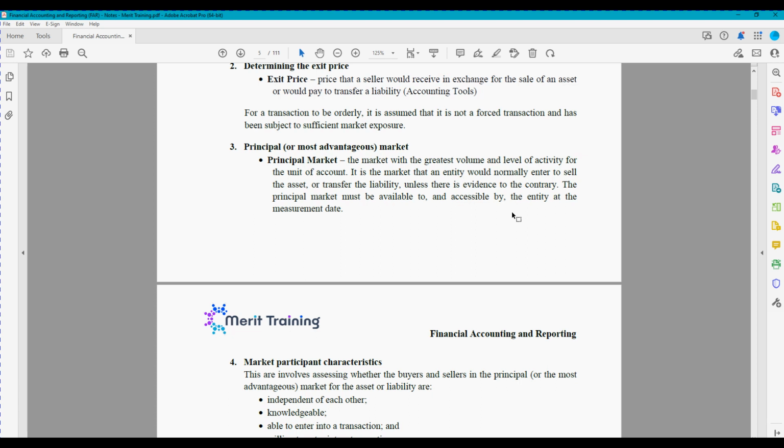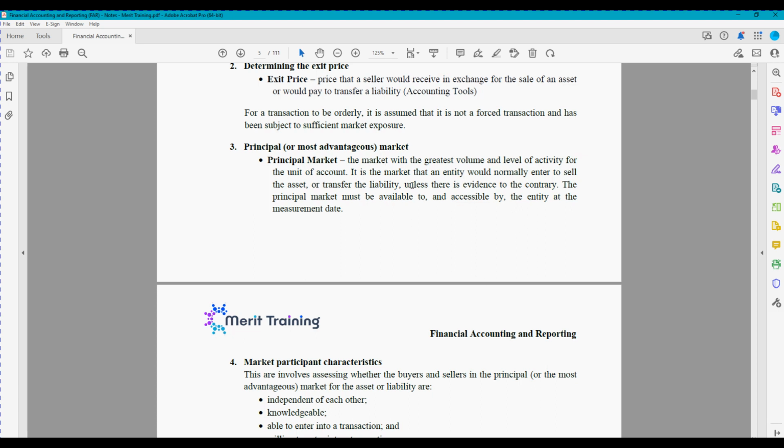So for example, if you've got listed stocks, there's only one market, right? It's the ASX. It's very easy to determine the value. But if you've got a plot of land in the city, the market could be property developers. It could be people who want a land bank. It could be farmers. It could be people who want to build a commercial property on it. It could be people who want to build a wind farm on it, right? So there's all these different types of markets and different purposes.